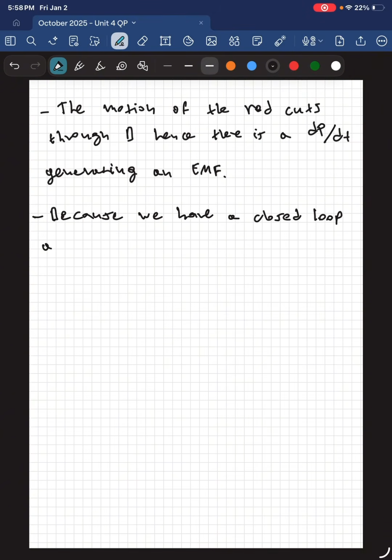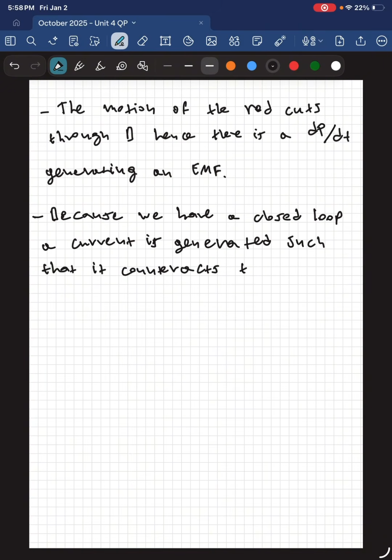Because we have a closed loop, a current is generated such that it counteracts the reason that created it, which is Lenz's law.